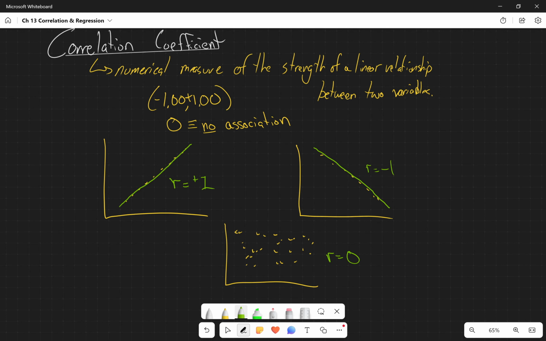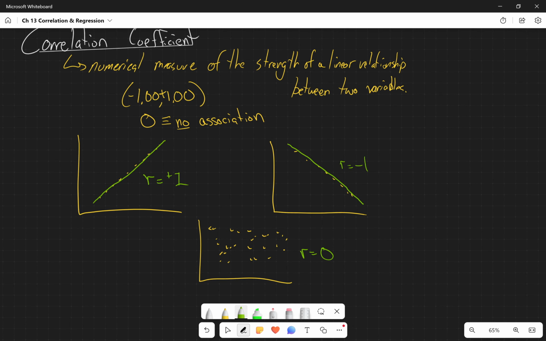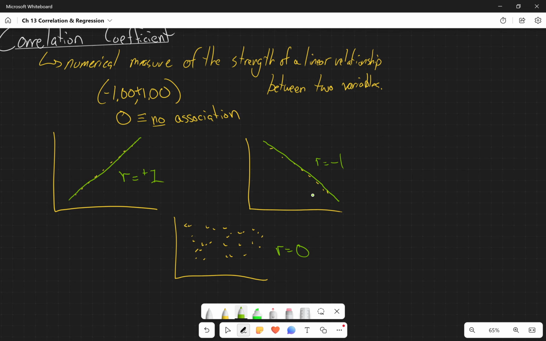So now we know what a correlation coefficient is, but let's couch it in the example that we were talking about before with the salespeople and the number of things that they sold, right?